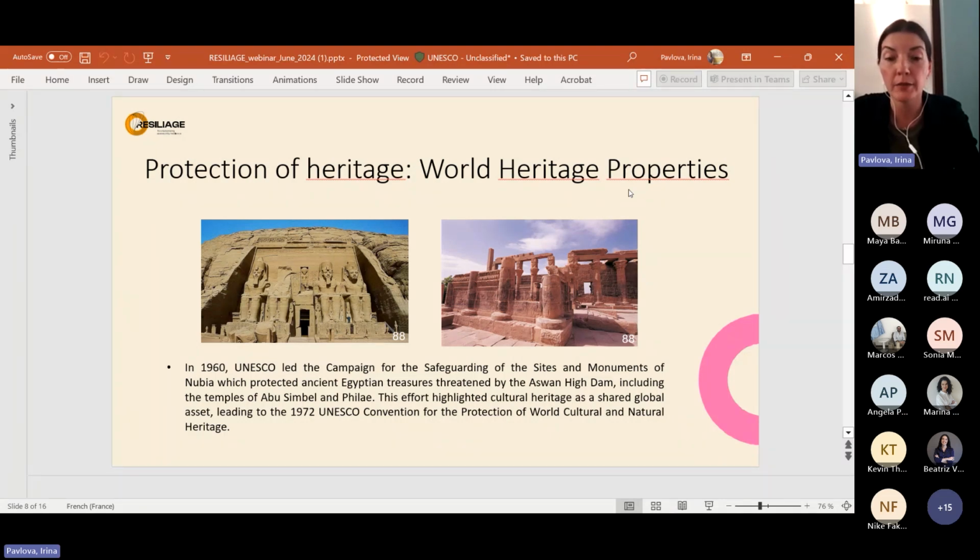For the first time, there was a call to other governments for solutions and fundraising to safeguard these precious monuments. This effort highlighted cultural heritage as a shared global asset and led to the establishment of the UNESCO Convention on the Protection of the World Cultural and Natural Heritage.